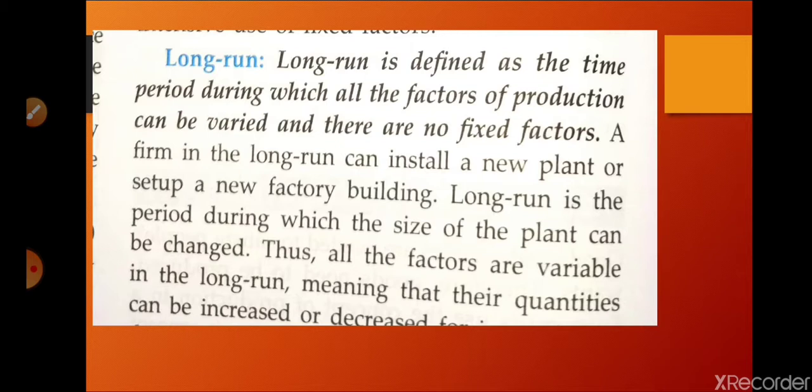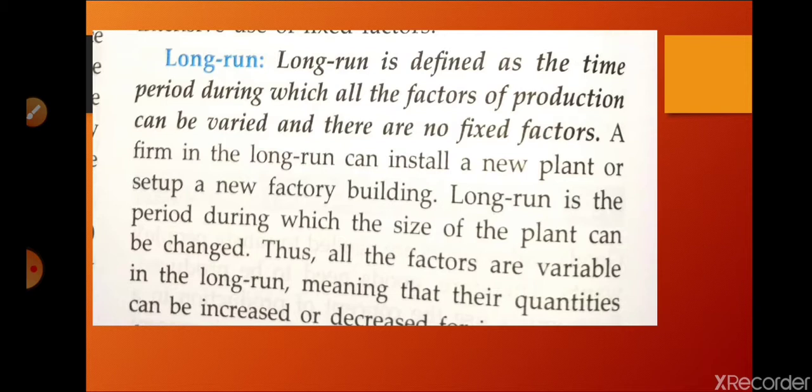Already in the previous chapter we discussed that in the long run normal price prevails. It means that technology and plants, everything can be changed. A new factory, a new building, or whatever new production unit is possible in the long run. Why? Because all the variable factors and all the fixed factors can be changed.